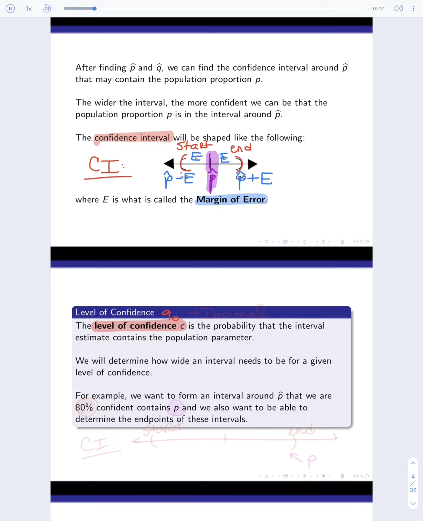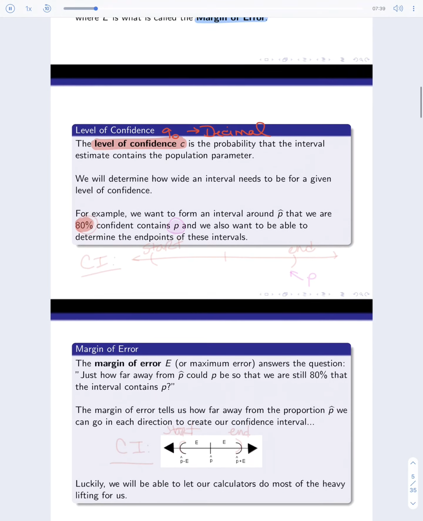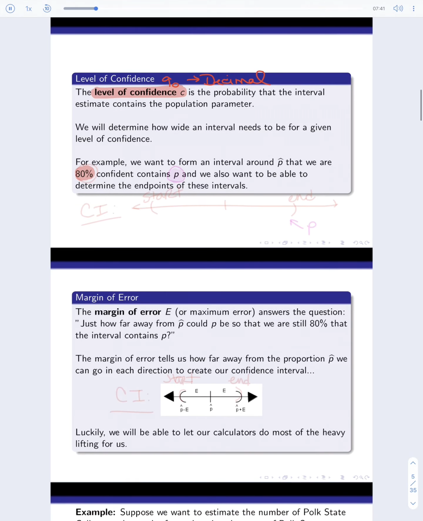So we'll have some kind of percentage, and to actually use it, just like anything, we'll convert it into a decimal. And the calculator will do a lot of the heavy lifting behind the scenes. But again, it'll be given in the problem. It'll be something like an 80%, 90%, 95%, 99%. We'll see a lot of different percentages.